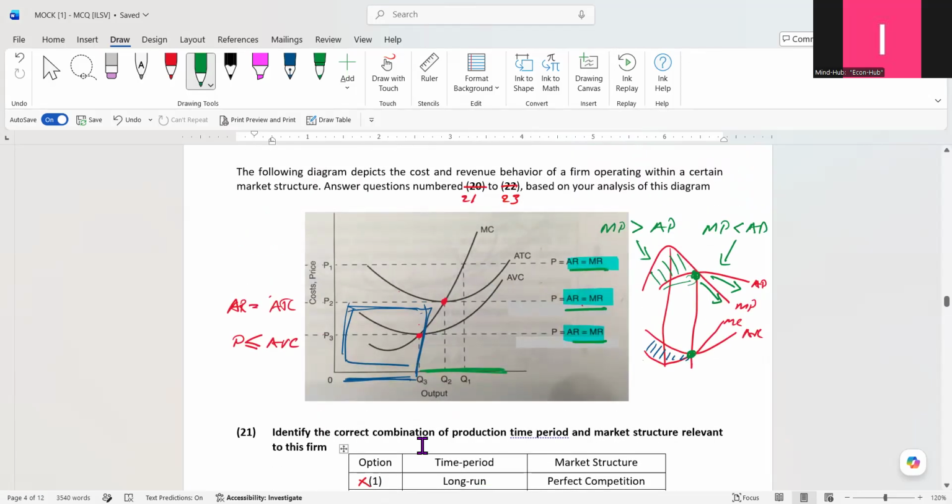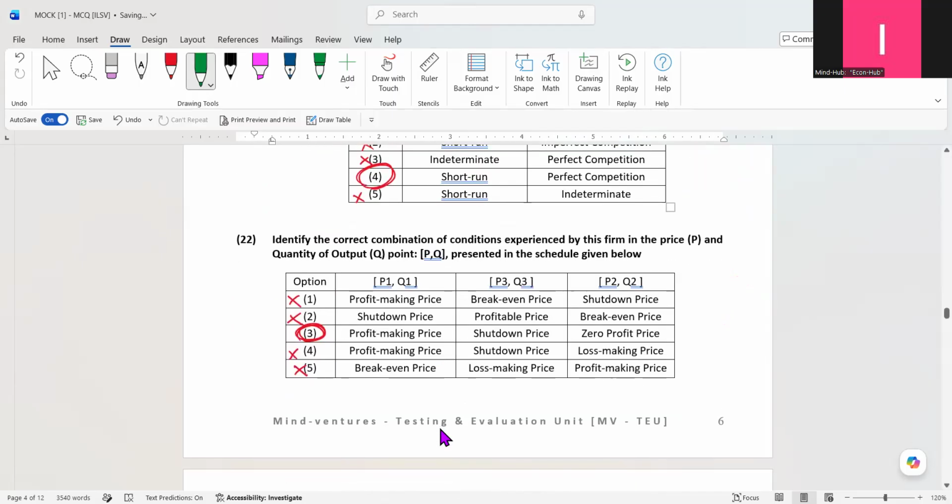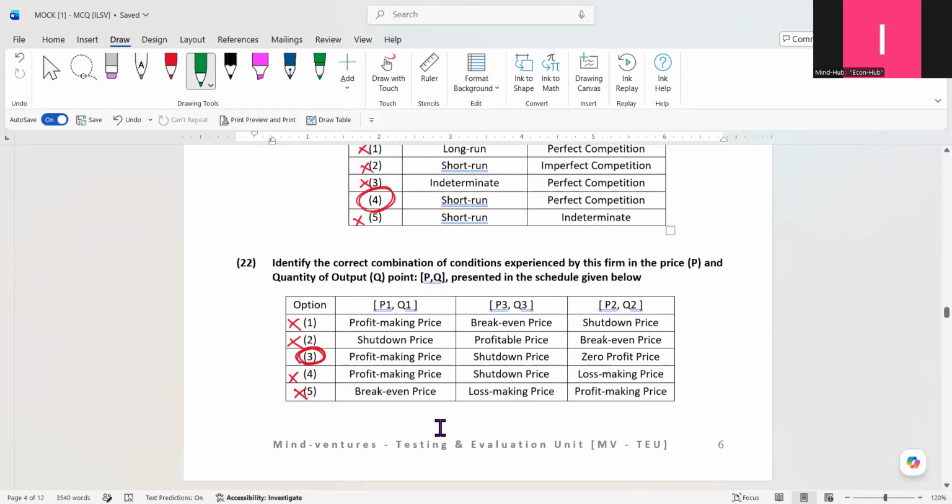So if the price is P1, that means the average revenue, marginal revenue curves are well above the lowest point of ATC, which means they are having supernormal profits or abnormal profits. Right? Here the answer would be profit making. So it has to be either 1, 3 or 4. Okay? 2 is eliminated and 5 is eliminated.